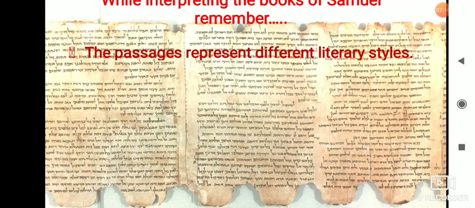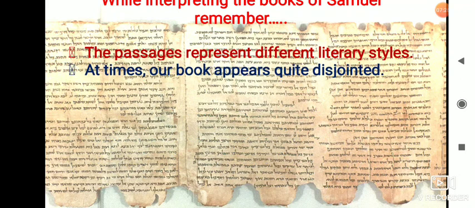When we read this book, it is difficult to deny that different passages represent significantly different literary styles. More than this, his use of sources also explains why the storyline of this book often doesn't flow as smoothly as we may like. At times, our book appears quite disjointed.